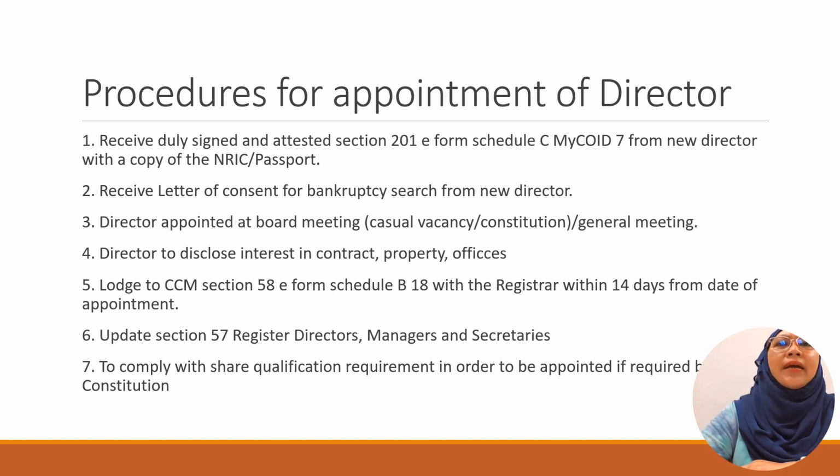Additional directors must be appointed by general meeting or circular resolution, members' resolution. Then directors must disclose interest in contracts, properties, and offices, and lodge to CCM section 58, and then update the section 57 register of directors, managers, and secretaries.